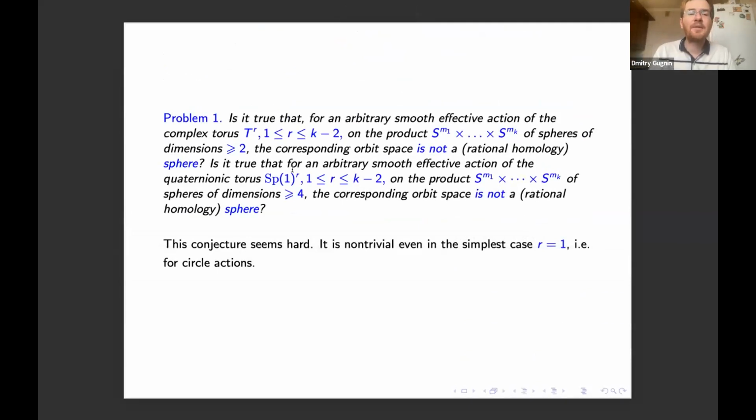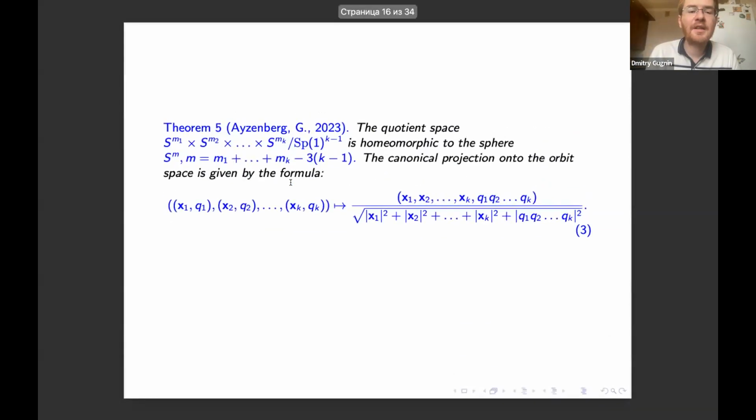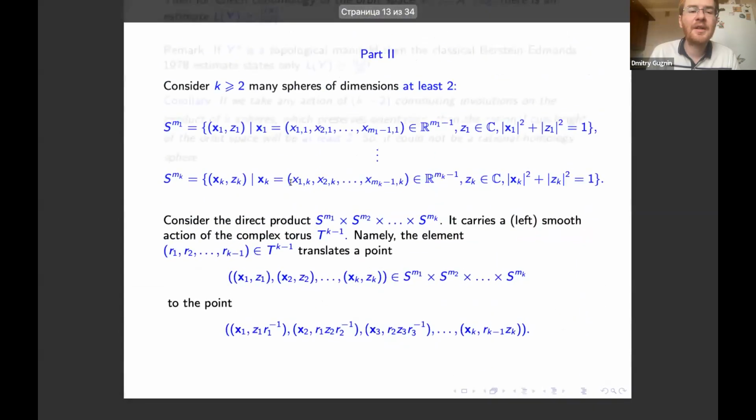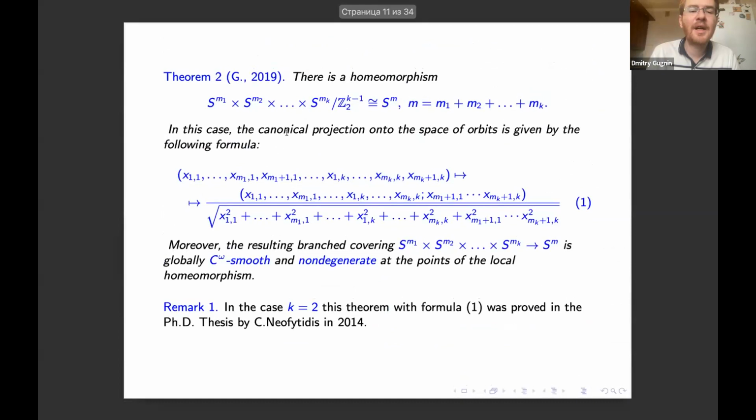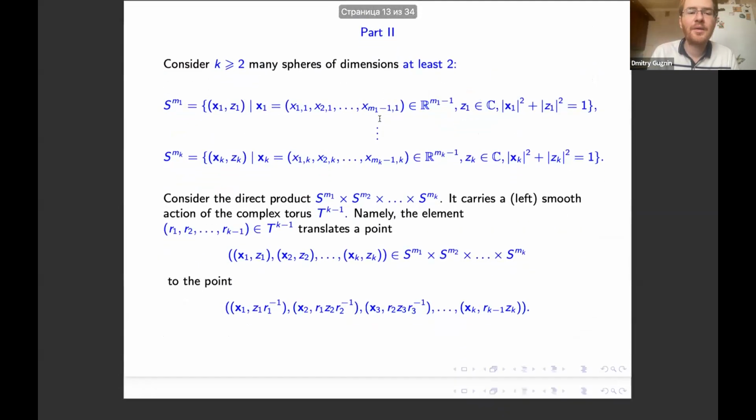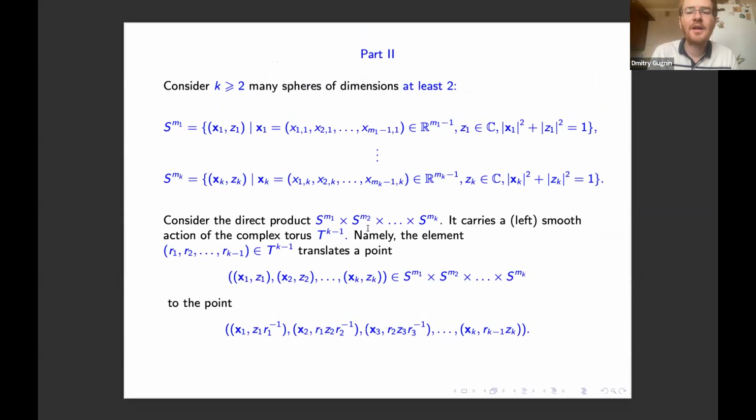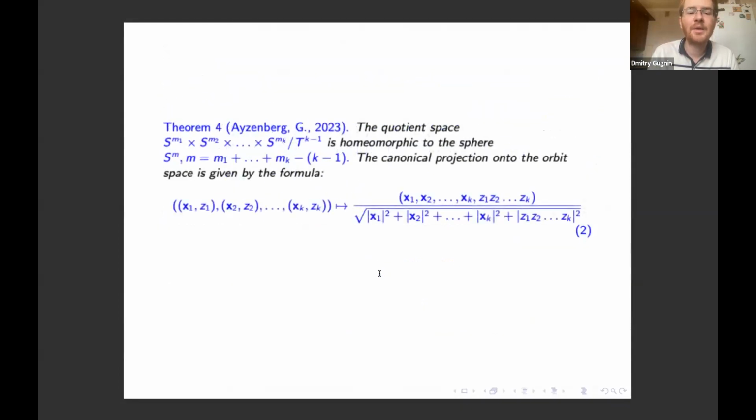But here we have a very interesting problem. As I said previously, when we have the real torus, this number k-1 is sharp. So if you take k-2 commuting involutions, then you can never get a rational homology sphere. We may pose the analogous question in the setting of the complex torus and quaternionic torus.